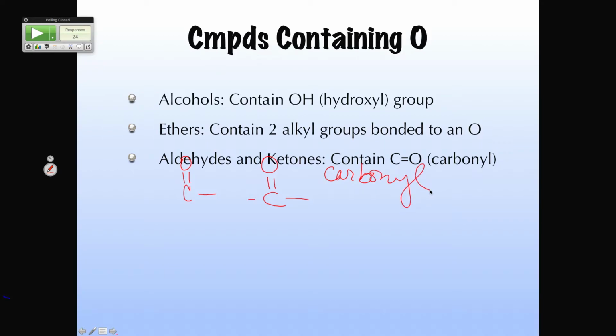The difference between an aldehyde and a ketone is an aldehyde has a hydrogen attached to one side. A ketone has 2 R groups. The R groups can be the same or they can be different.